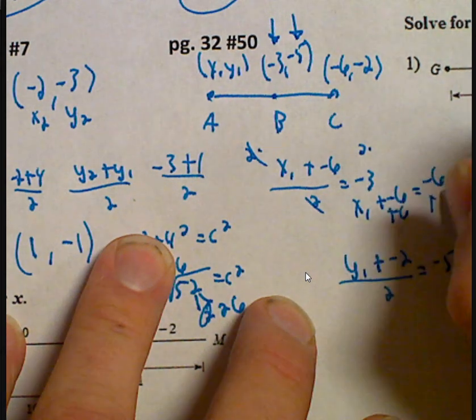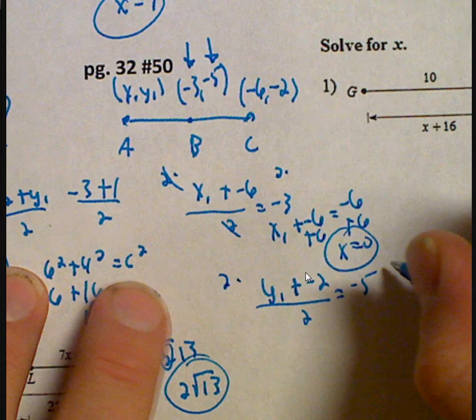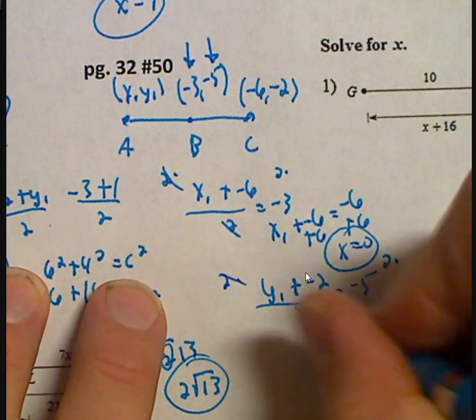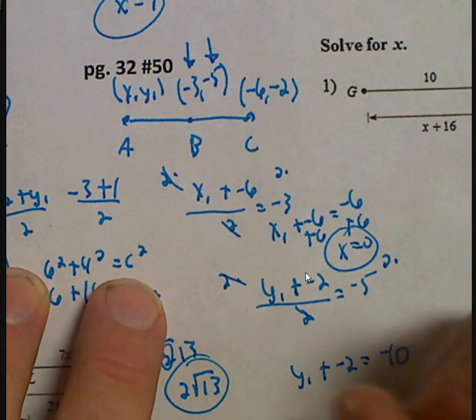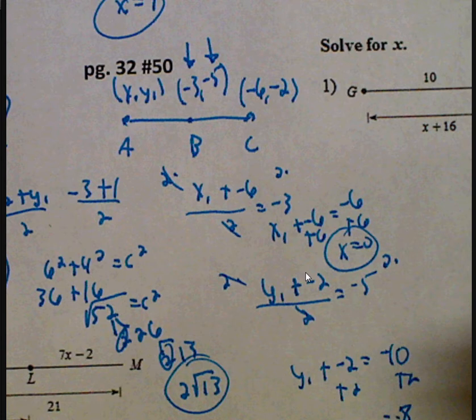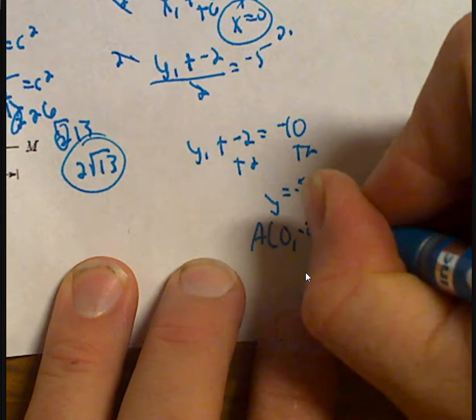Add 6 to both sides and I get x equals 0. Then multiply both sides by 2. The 2's go away. y1 plus -2 equals -10. Add 2, so y has to be -8. So my endpoint for letter A is 0, -8.